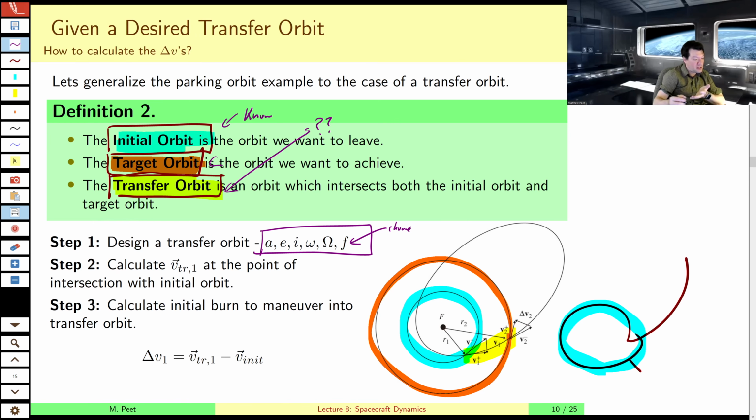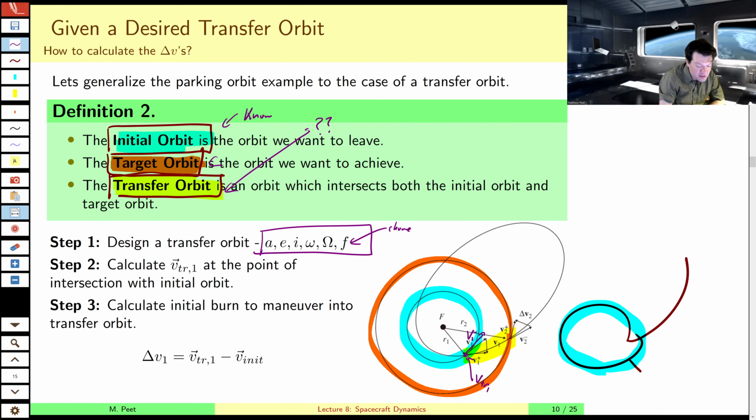So the steps are then to choose a true anomaly at time and calculate the velocity of your transfer orbit at that point. That's VTR1. And then we calculate our velocity before the burn, which is V1 minus here. It's on the slide.